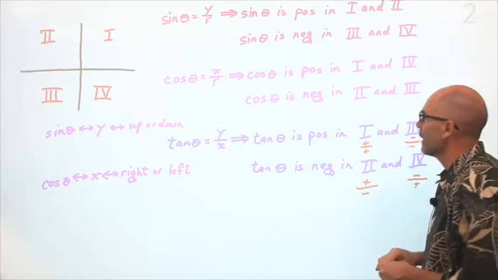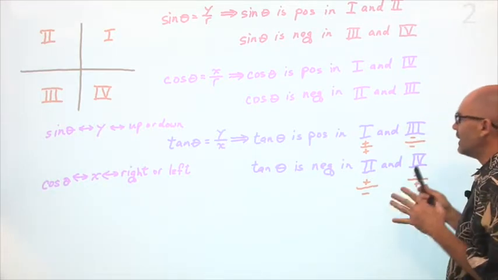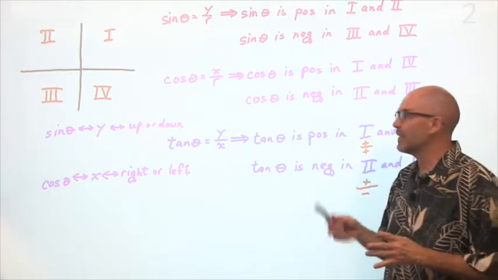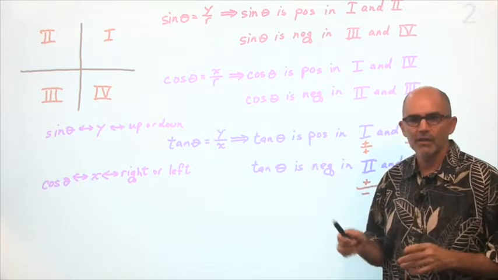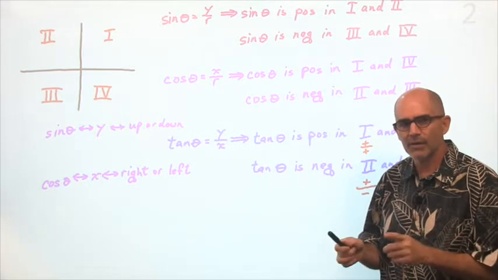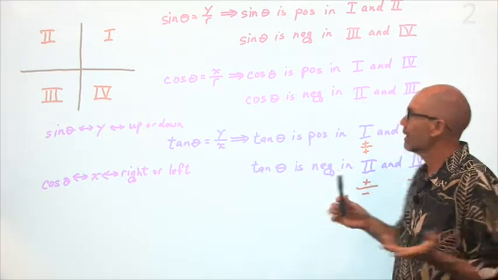Okay, now, this seems to me to be the simplest way of remembering it. Just sine, up, down, cosine, right, left, piece of cake.